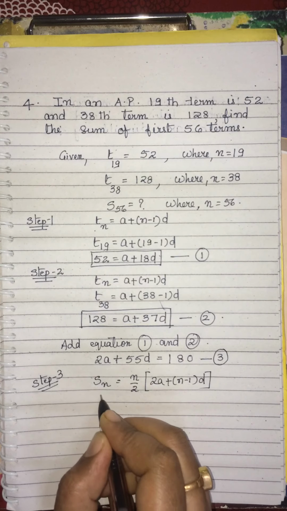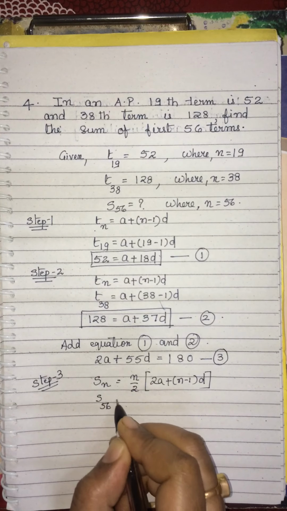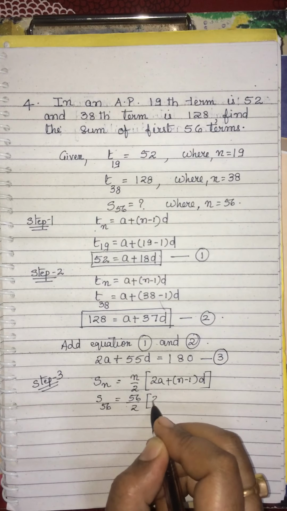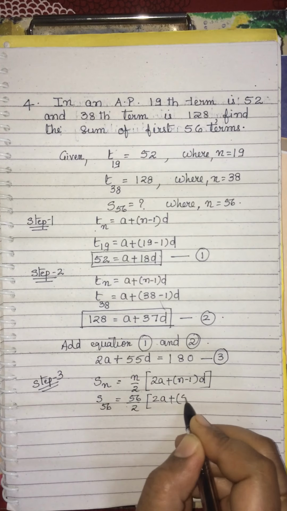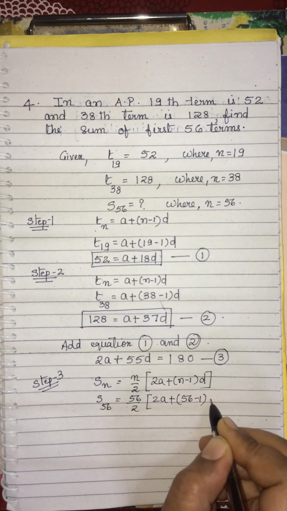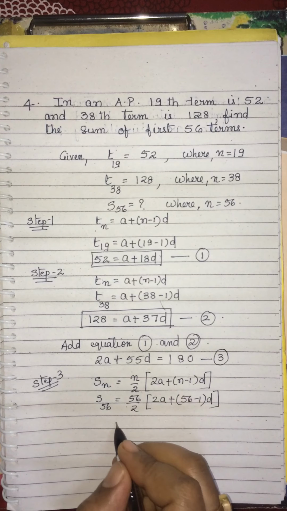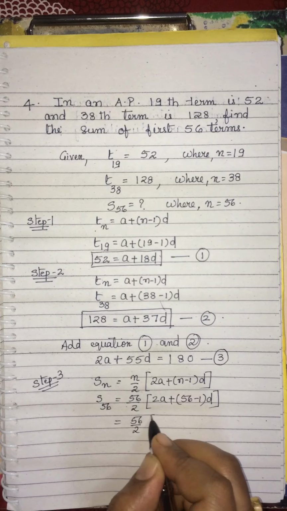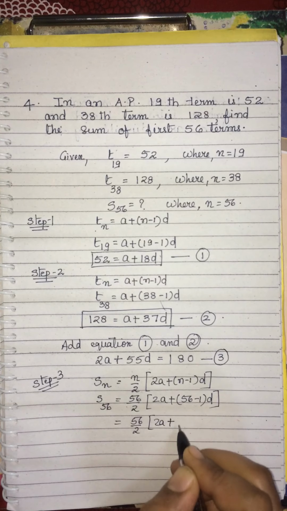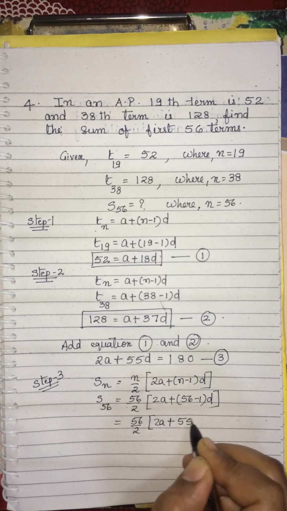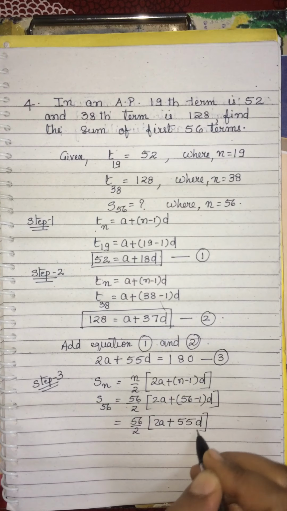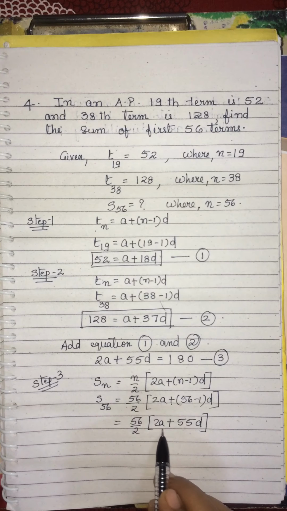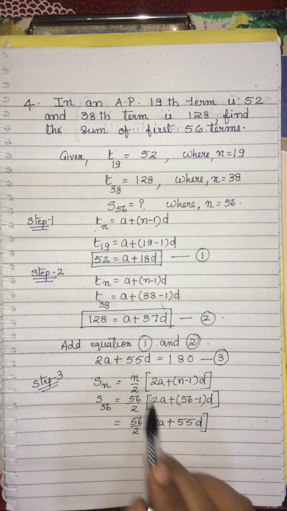S56 means in place of n we write 56: 56 upon 2, 2a plus 56 minus 1 into d, that gives us 56 upon 2, 2a plus 55d. And children, see, in equation 3 we have got 2a plus 55d, and this 2a plus 55d, both are the same.